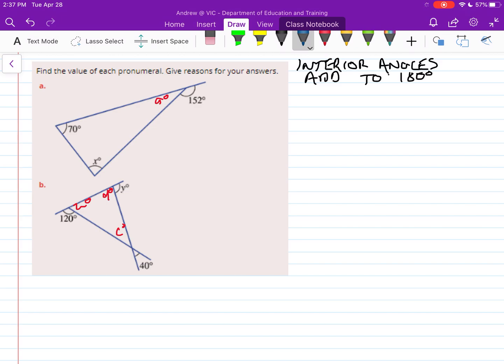How we do that is we take 180 minus 152. We do this because A and 152 degrees are supplementary to each other.